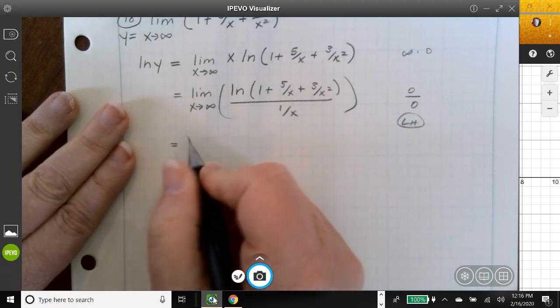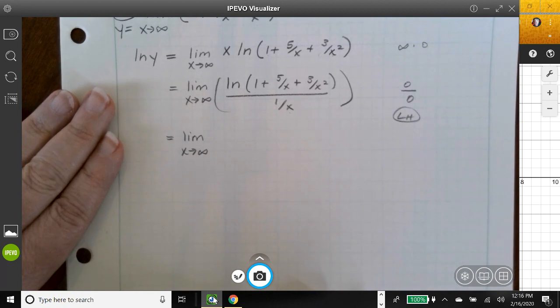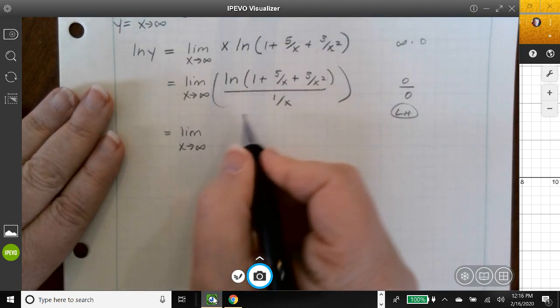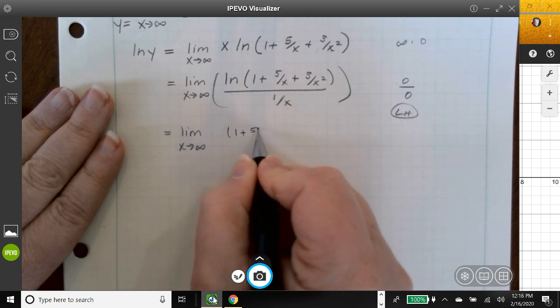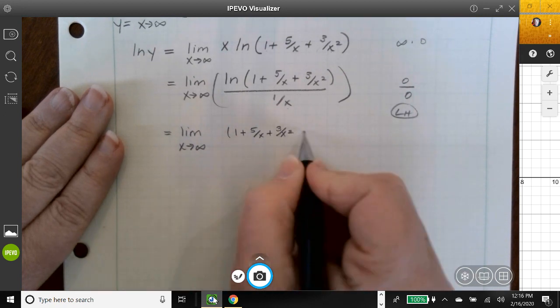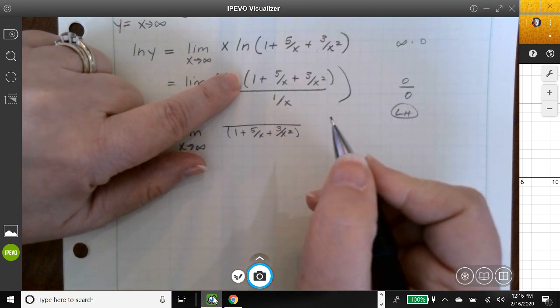So we get the limit as x approaches infinity of, well, the derivative of the numerator is the function in the denominator, which is 1 plus 5 over x plus 3 over x squared, with the derivative of this in the numerator.